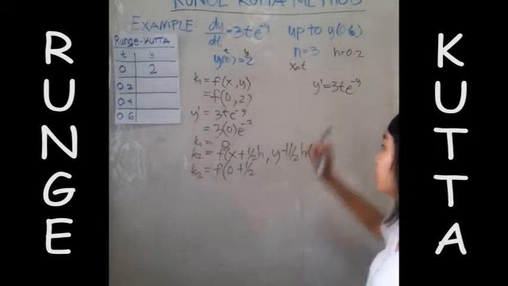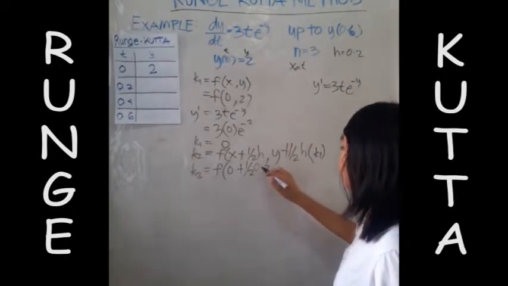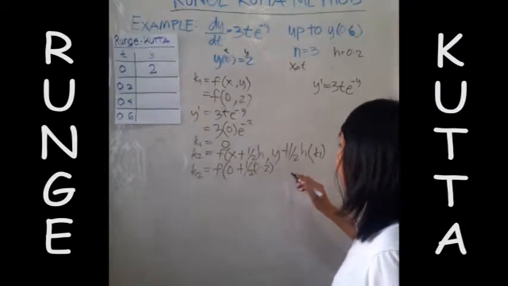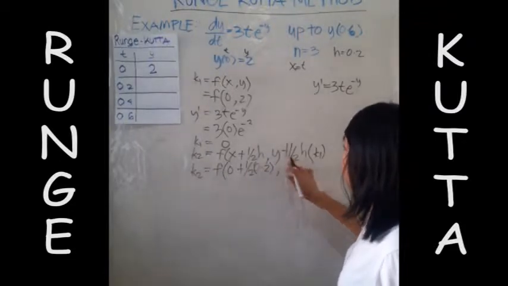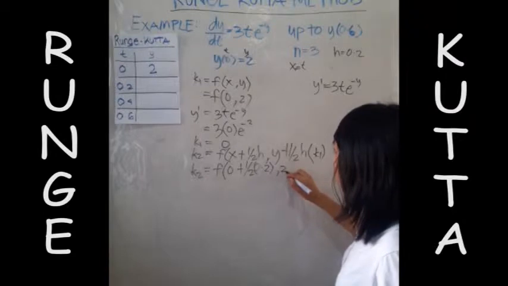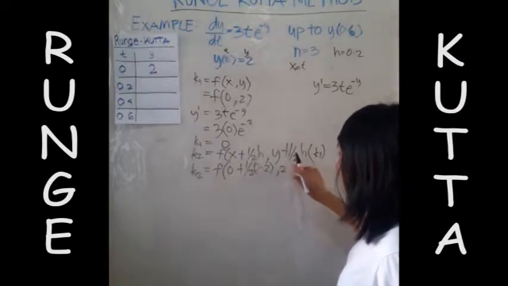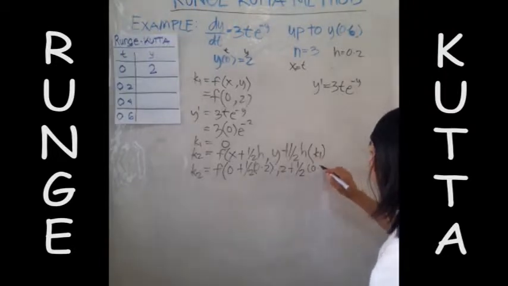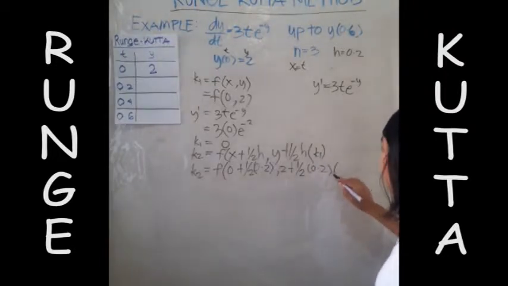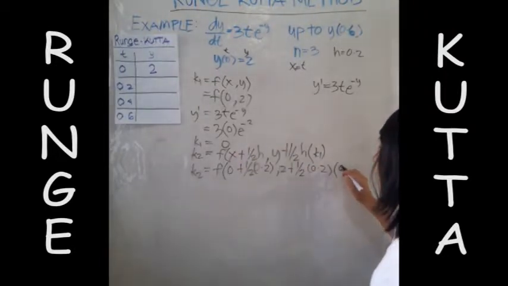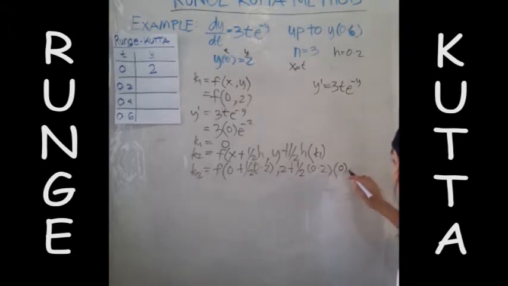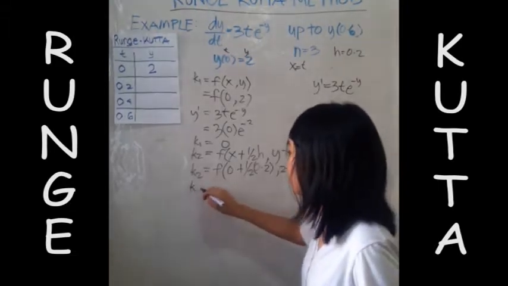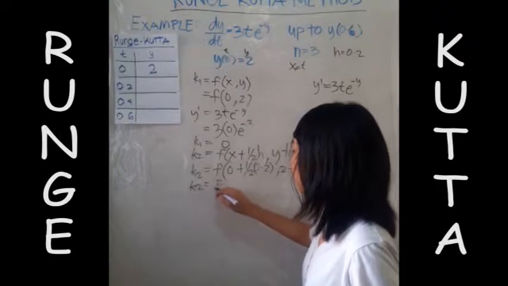Our h is 0.2 and our y is 2 plus 1/2 of the half step size and multiply the value of k1.